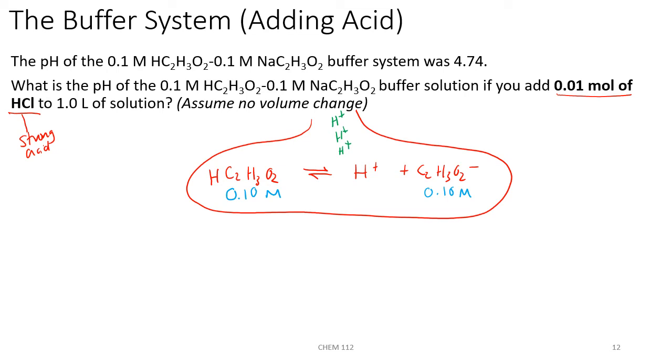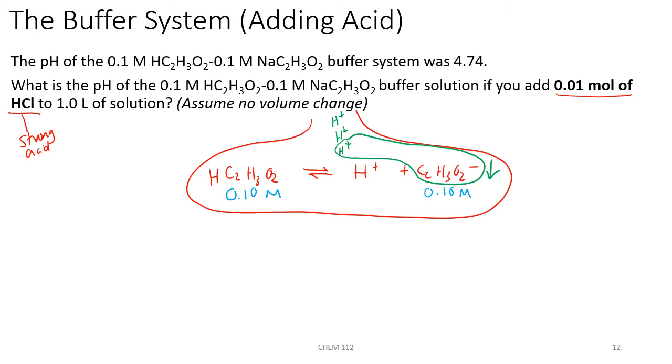And in this case, the hydrogen ion, when you add it in, will go and react with the conjugate base in the solution. It'll react with that part of the buffer system. So the hydrogen ion would combine with the acetate anion. That's going to cause the acetate anion to go down by the amount that you add the hydrogen ion in.